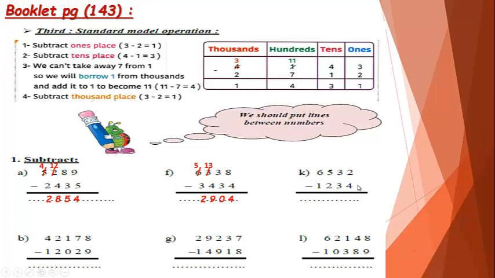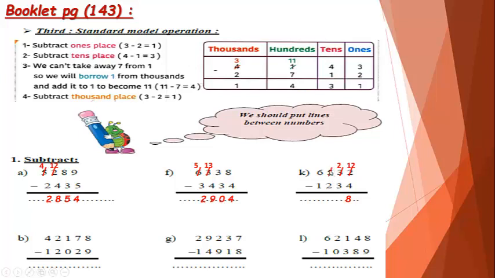The next one, 2 minus 4. It can't be. So take 1 from the 3. It will be 2. And this 2 will be 12. 12 minus 4 equals 8. And 2 minus 3. Oh no, it can't be. I cannot take 3 from 2. So I'm going to go to the next house and borrow another 1.